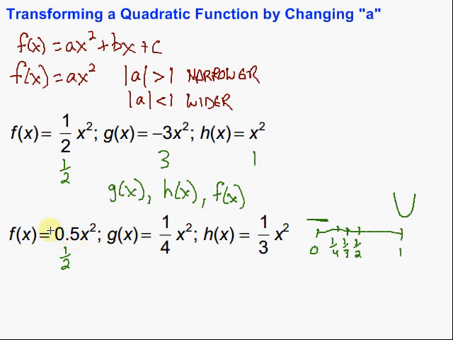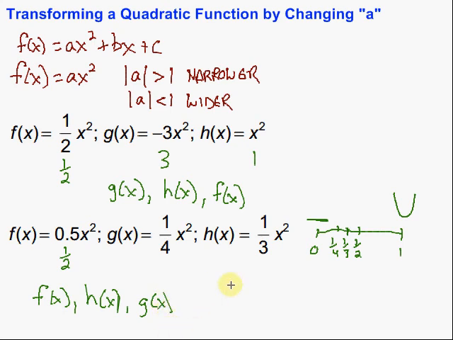So the narrowest one is going to be f of x, the 1/2, with the a being 1/2, and the next narrowest is going to be the 1/3 one, which is h of x, and then finally the widest one is the 1/4, which is the g of x.